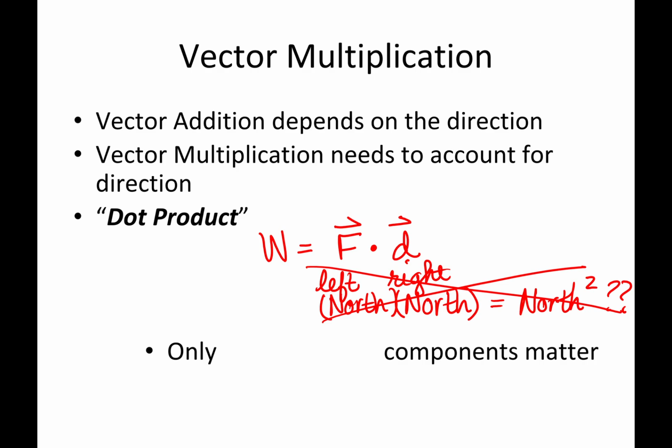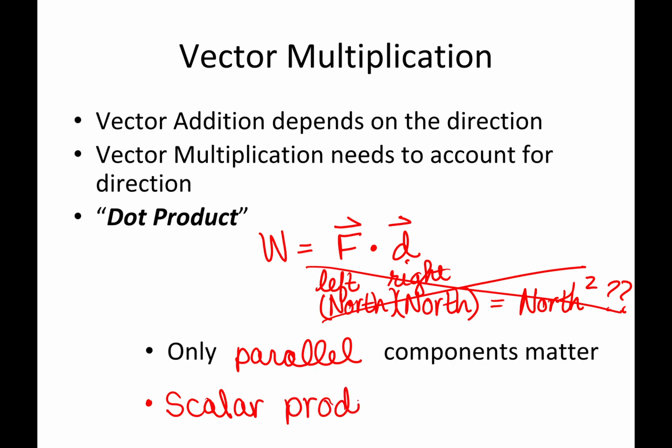The dot product is a way to take only the parallel components and you get a scalar product, meaning you get a multiplication whose answer is directionless. Okay.